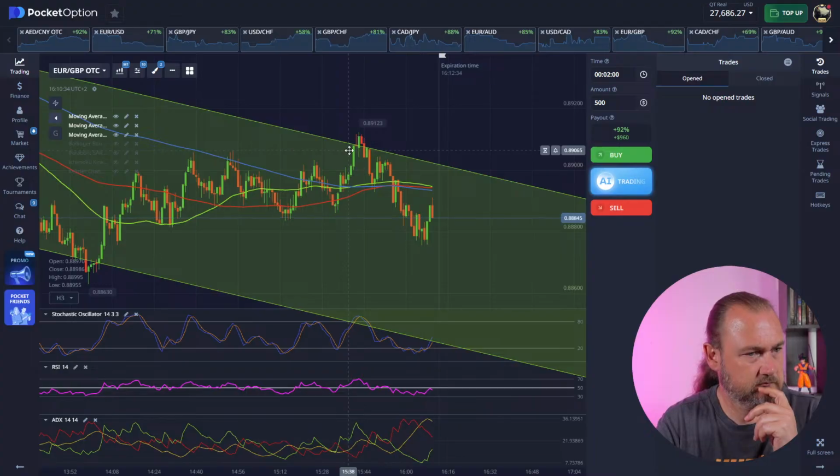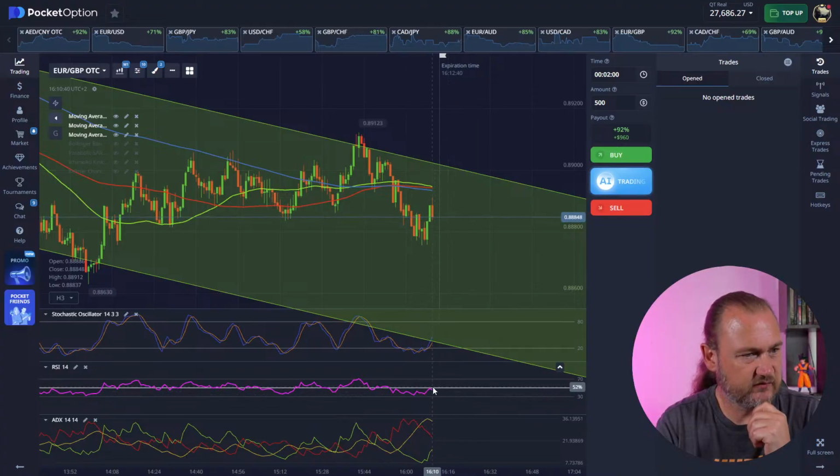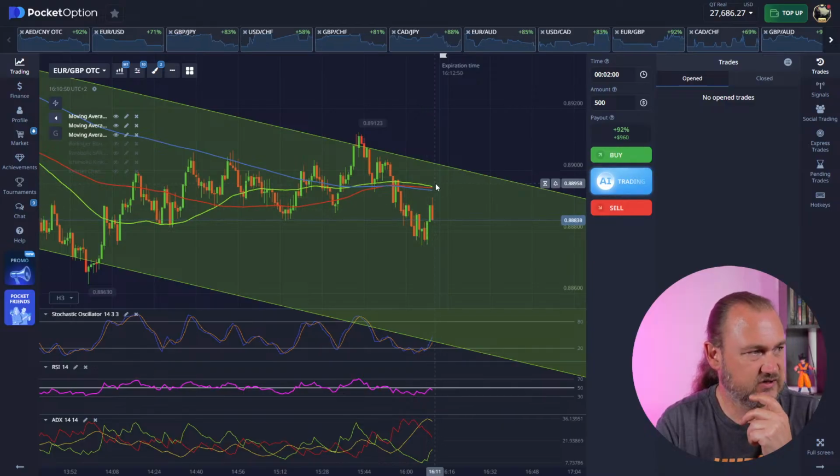This looks like it's going to be a sell though, right? We have the rejection of the RSI there on the 50 line. It's turning back downwards. Price did push upwards towards the moving averages, kind of rejected.